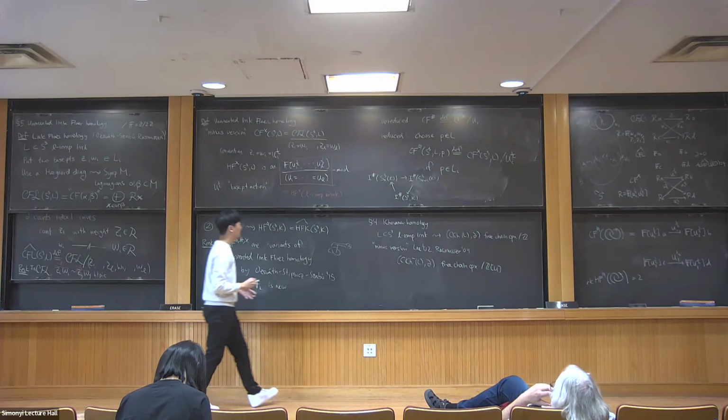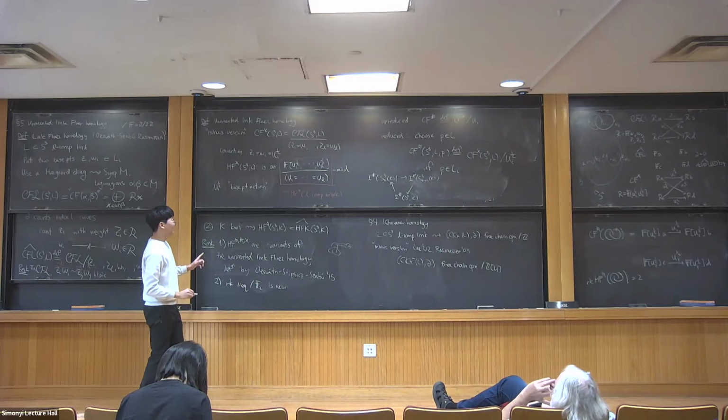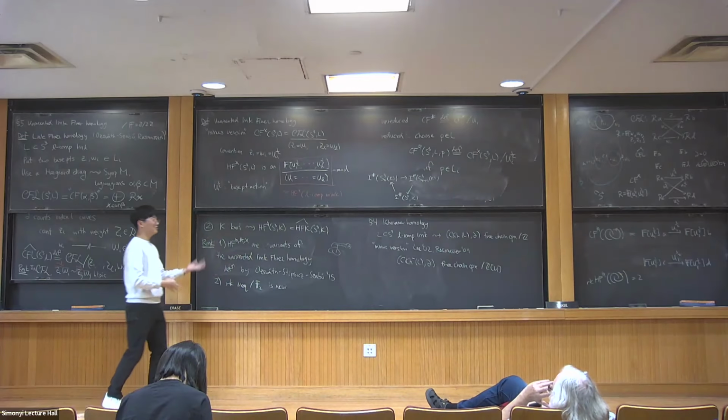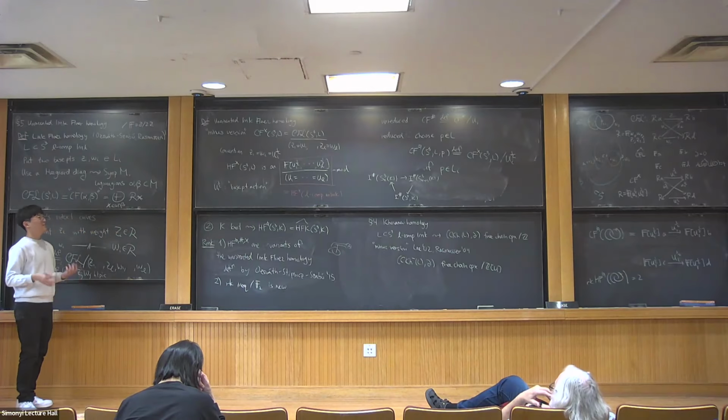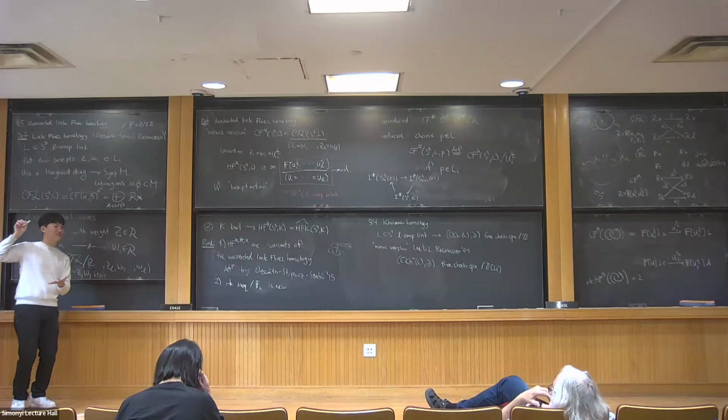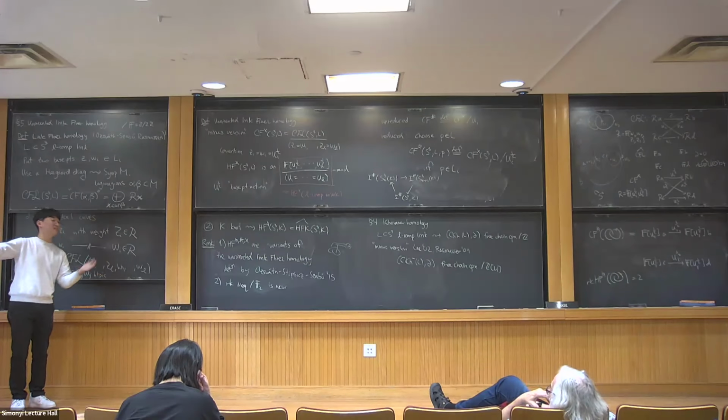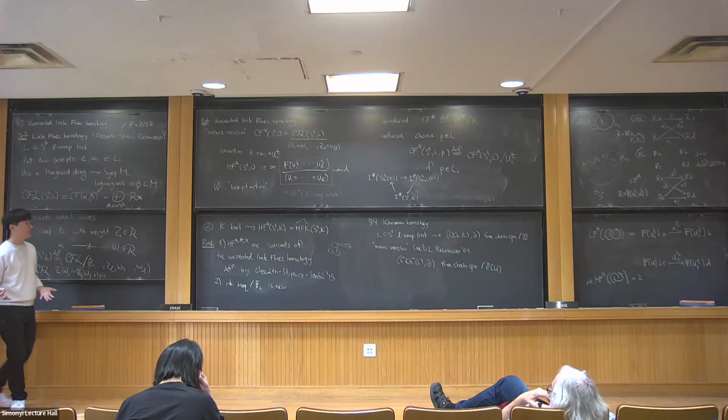Actually, I guess this is kind of similar to Khovanov homology if you view the unreduced version as: you add an unknot away from your link, then you put a base point on the unknot and take reduced Khovanov homology of that.